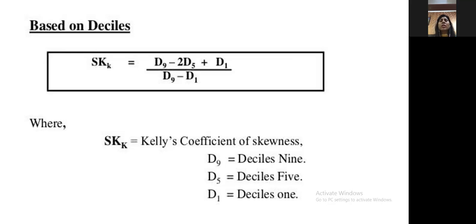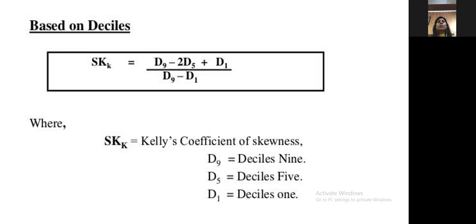And what do D9, D5, D1 represent here? Firstly, we will understand the meaning of these. SK is Kelly's coefficient of skewness, and the D9 value represents the 9th decile, D5 represents the 5th decile, and D1 represents the first decile.